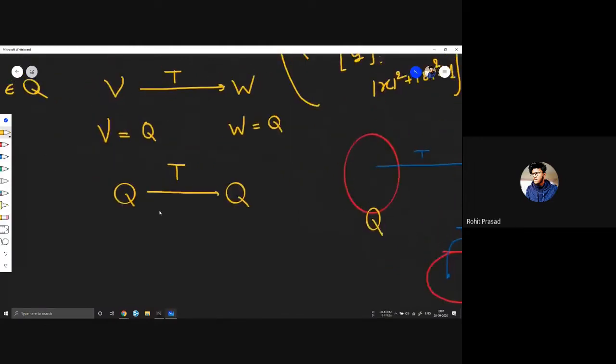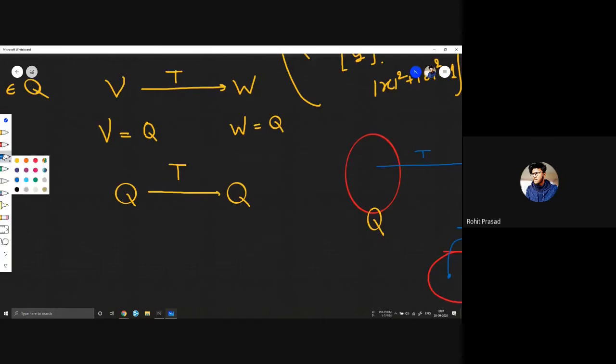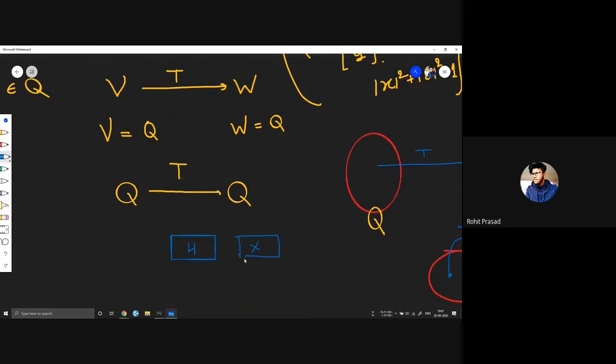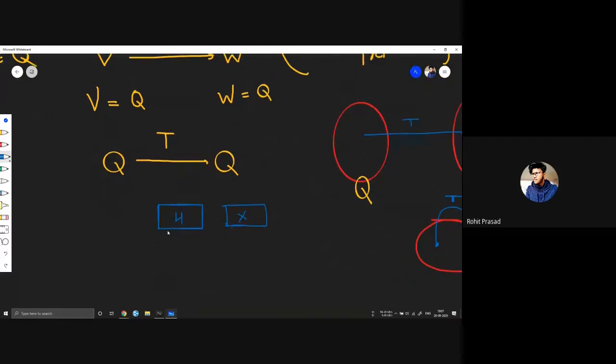So if we define it this way, then all the gates we put, like the H gate, S gate, X gate, what do the X gate and H gate do?